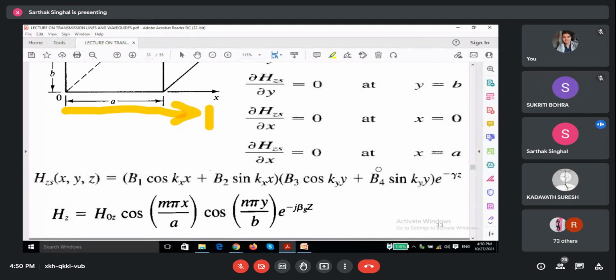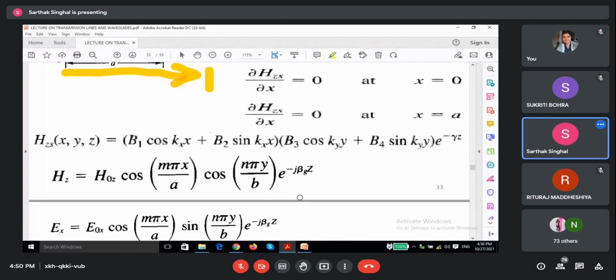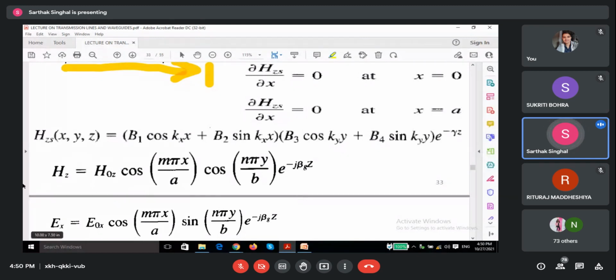From this equation, multiply these equations and we get Hz equal to H naught z into cos of m pi x upon a, where kx is the value of k.